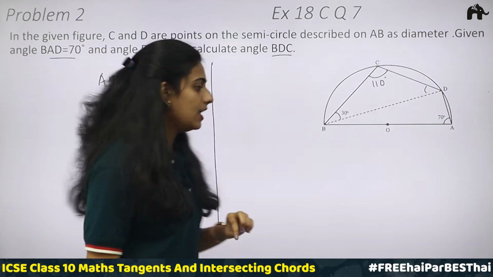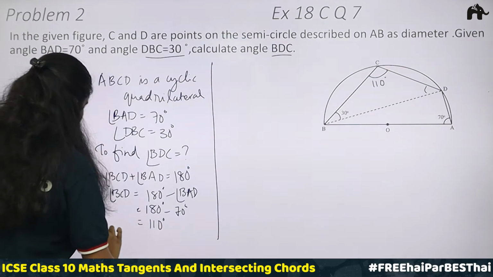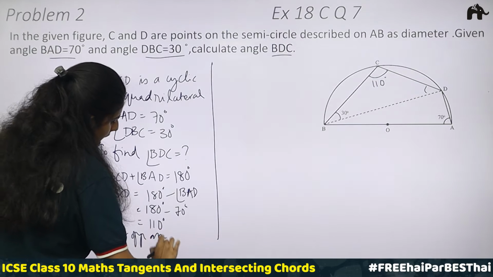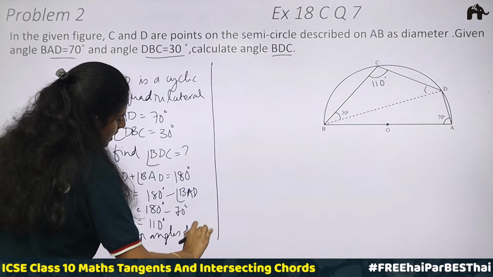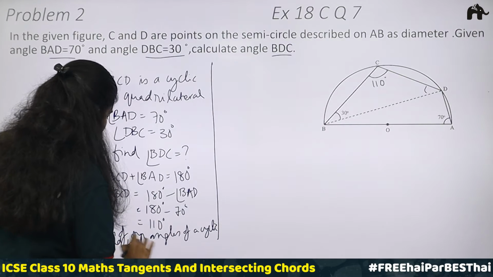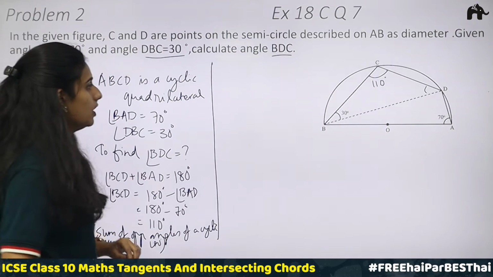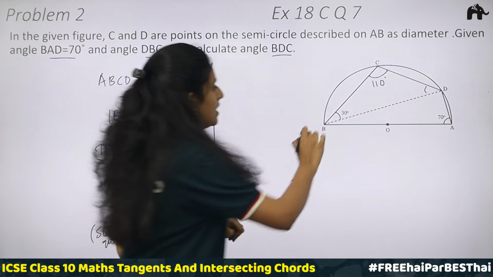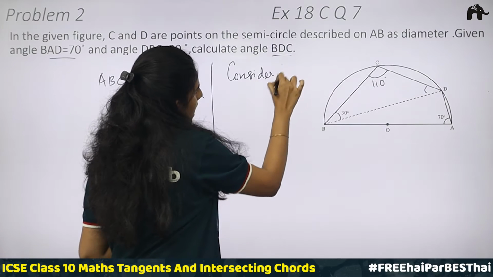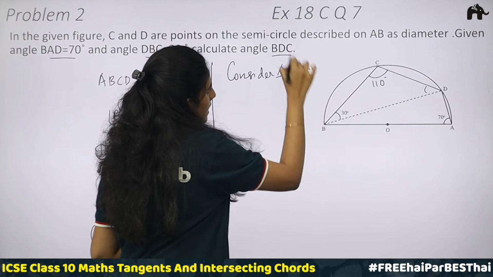How are we getting this 110 degrees? Because the sum of opposite angles of a cyclic quadrilateral is 180 degrees. Now, consider triangle BCD.